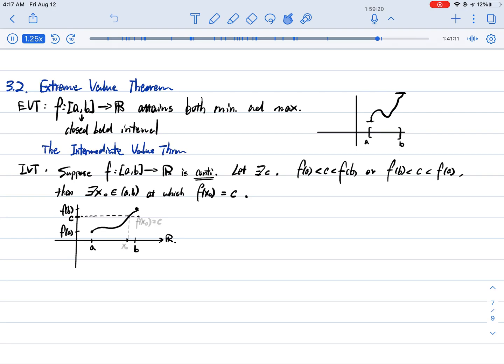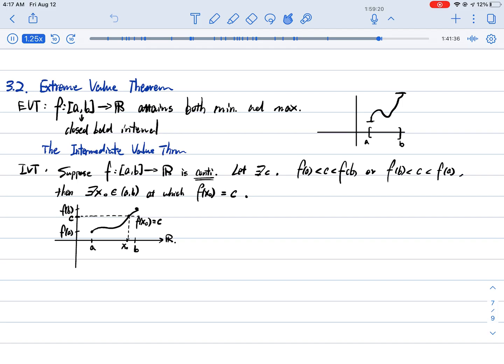And in this case, we see it's right here, because the intersection of the height c and the function is right here, so at this point the corresponding x value is x0.